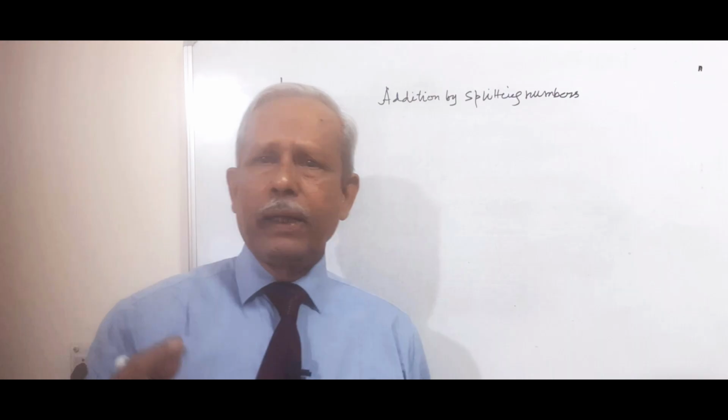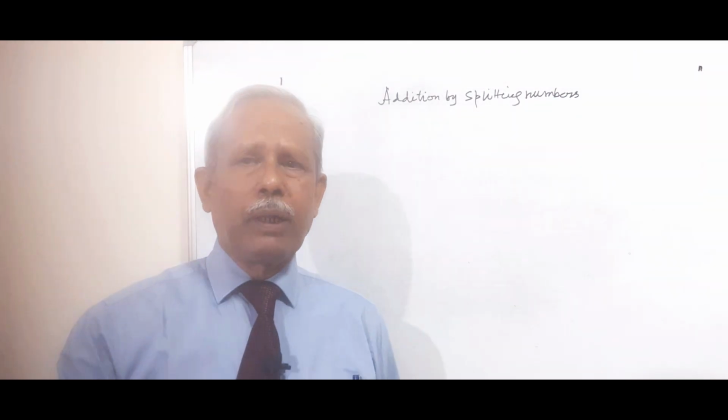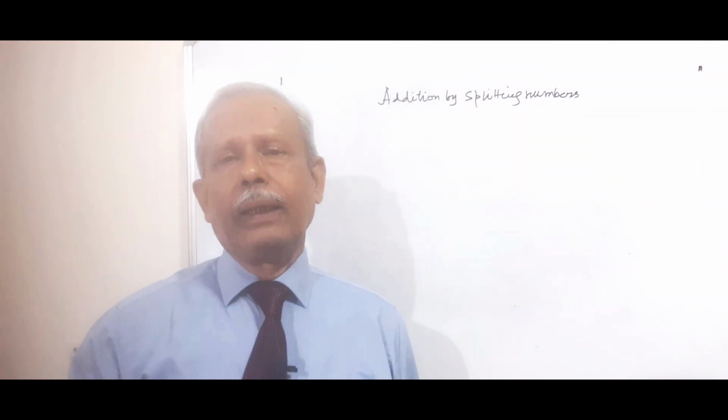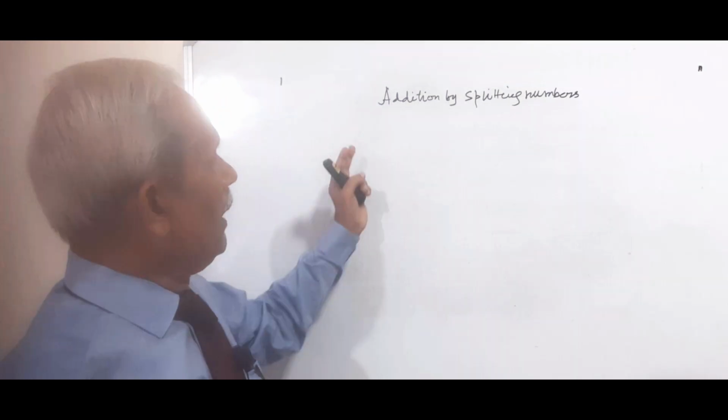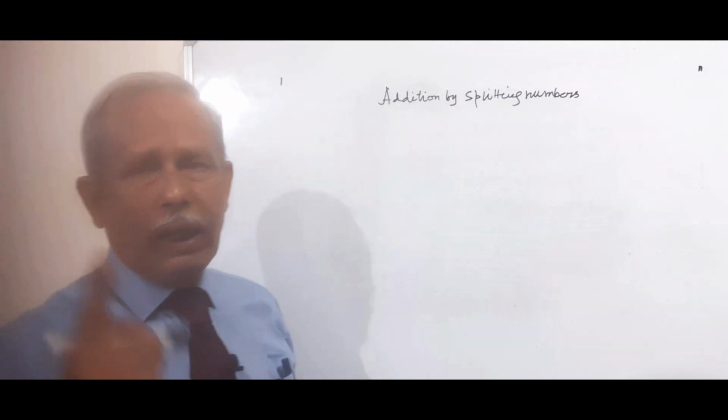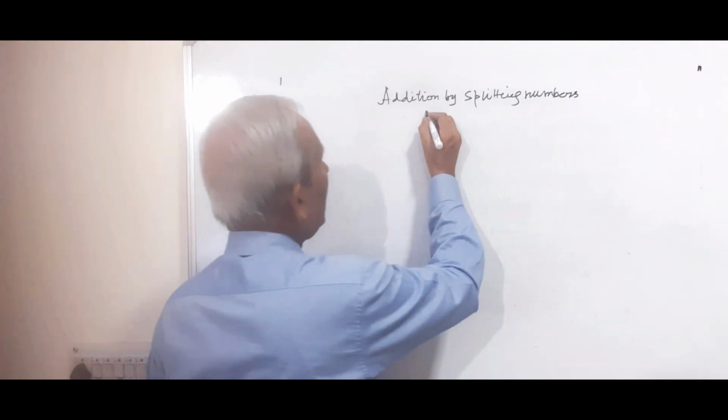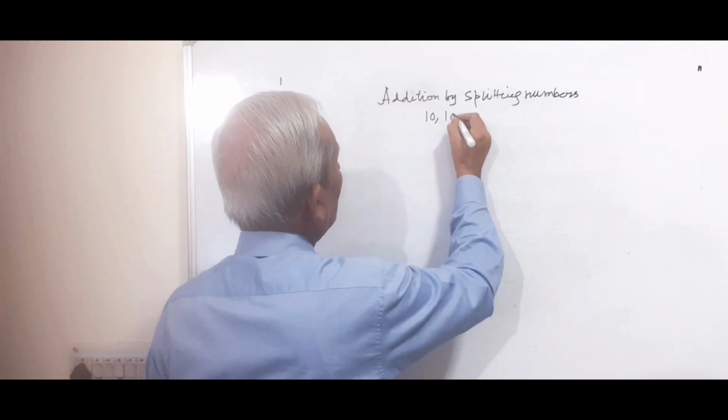After that, you will see addition by completing the whole, and then addition by addition and subtraction. So the first thing is addition by splitting numbers into multiples of 10, 100, 1000, etc.